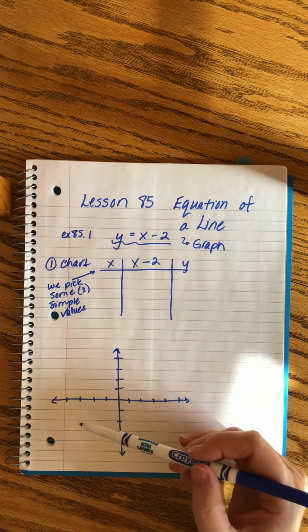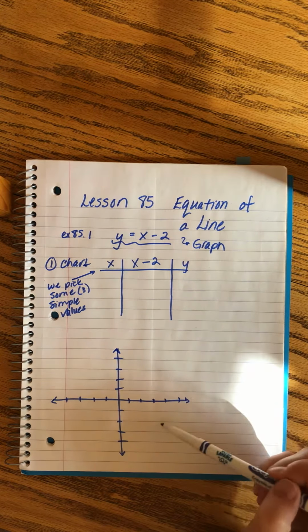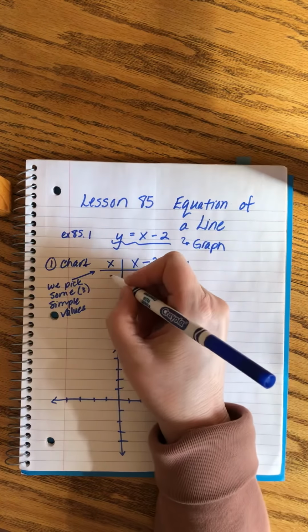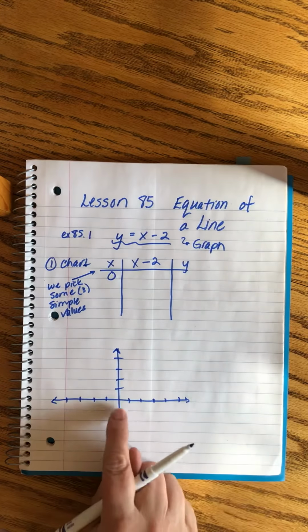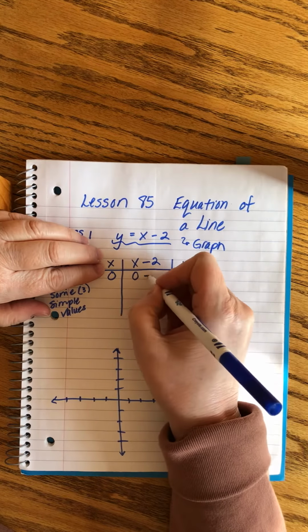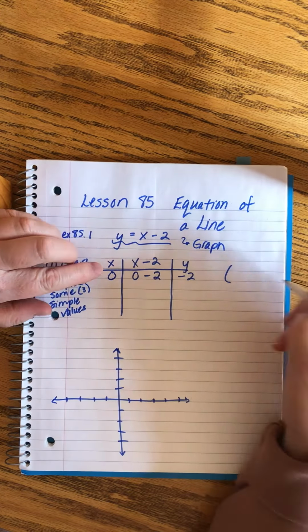Let's choose values for x that are going to keep our answers in this simple center area. I'm going to choose 0 as my first one because that keeps me really close to the center. Then I calculate 0 minus 2, that would be -2. So there's my first pair of points.